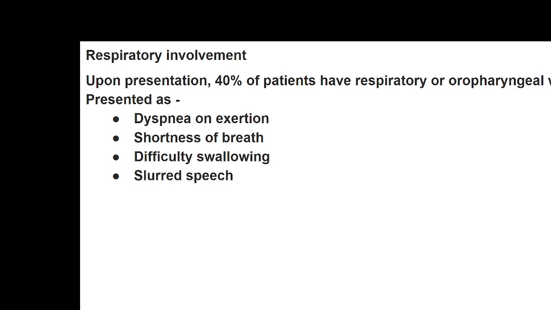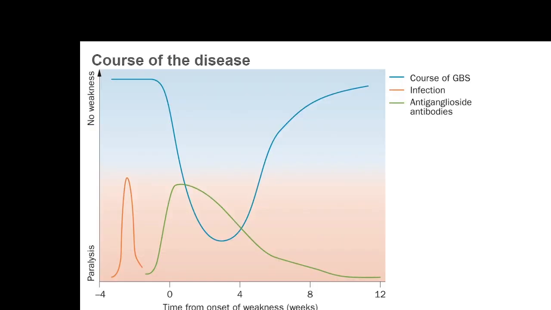The symptoms initially could be dyspnea on exertion or shortness of breath or difficulty in swallowing or slurred speech. These could be the initial symptoms which predict that the patient is going to have respiratory involvement, and such patients have to be immediately shifted to a center where respiratory support facility is available.